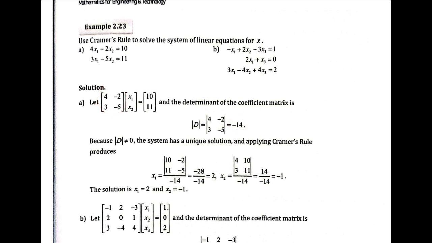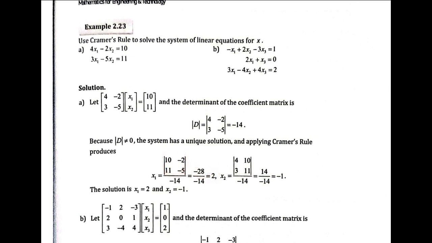The next thing to do is to look for x1. For x1, you substitute the x1 coefficient column with the constant column. This is what it becomes, and then calculate the determinant. You get -28 divided by -14, you get x1 equal to 2.